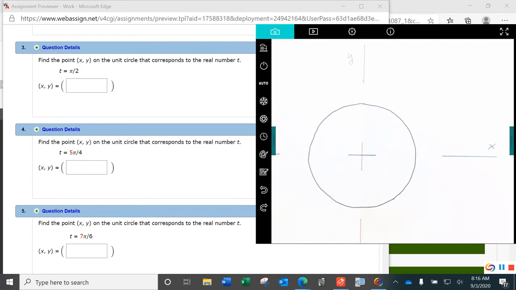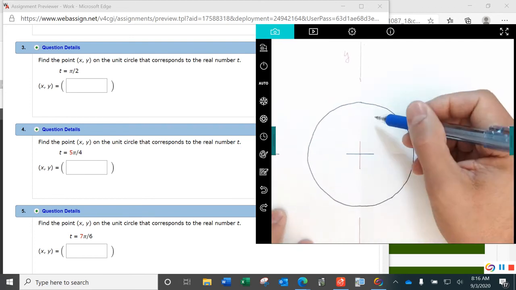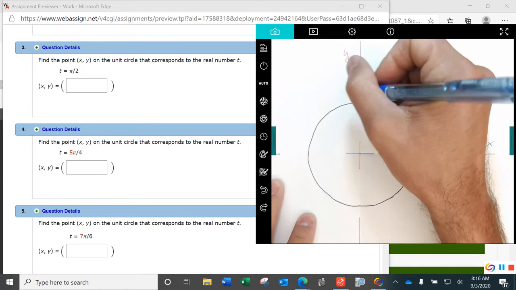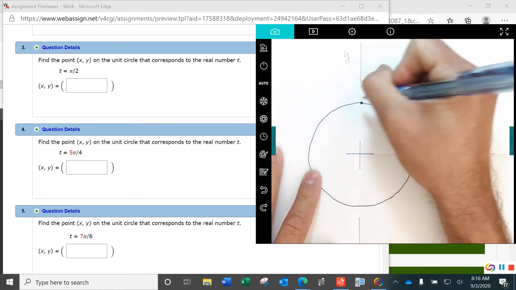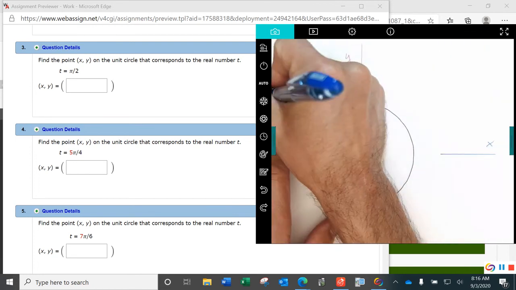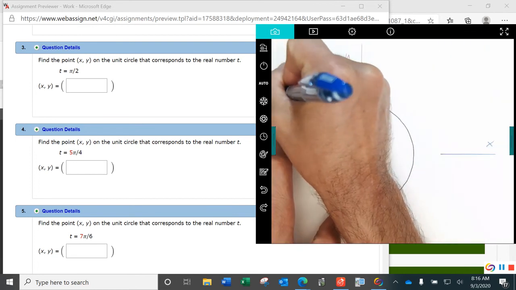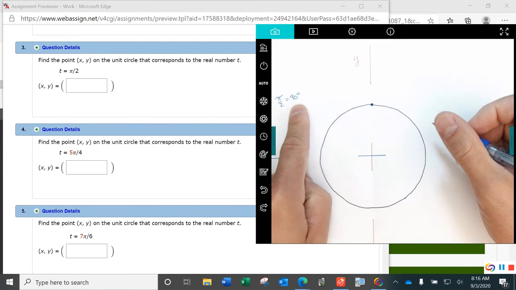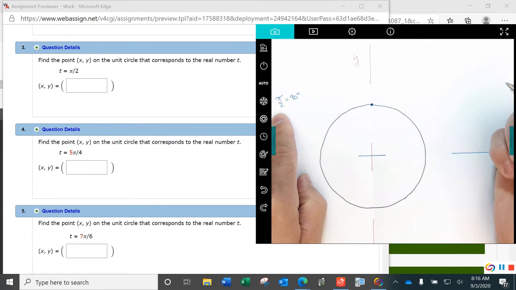So I'm going to grab my sketch, and you can draw this by hand. You don't have to draw it real neatly, but pi over 2 is right here. That angle rotation, pi over 2, and I'll just make a little note, pi over 2 is equal to 90 degrees. Most of us are more comfortable with degree measurement than radian, at least right away.